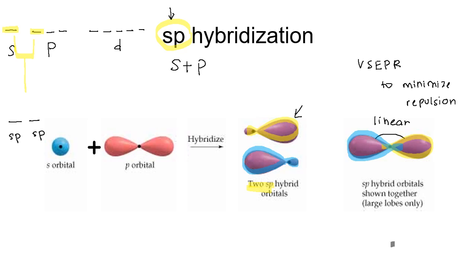Ada dua lobe, satu, and then label SP, and then another lobe, kita draw asing. Okay, label pun asing, SP. Okay, so ngam lah. One SP here. Okay, one SP, two SP orbital. Maksudnya setiap satu platform ni atau satu orbital, satu lobe. Satu orbital, another lobe.